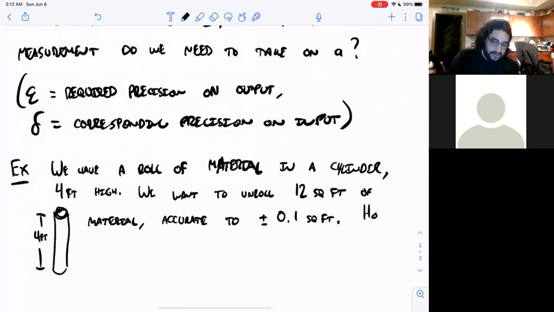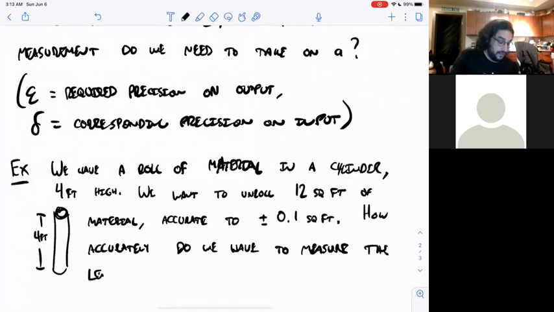Then the question is, how accurately do we have to measure the length of material that is unrolled?